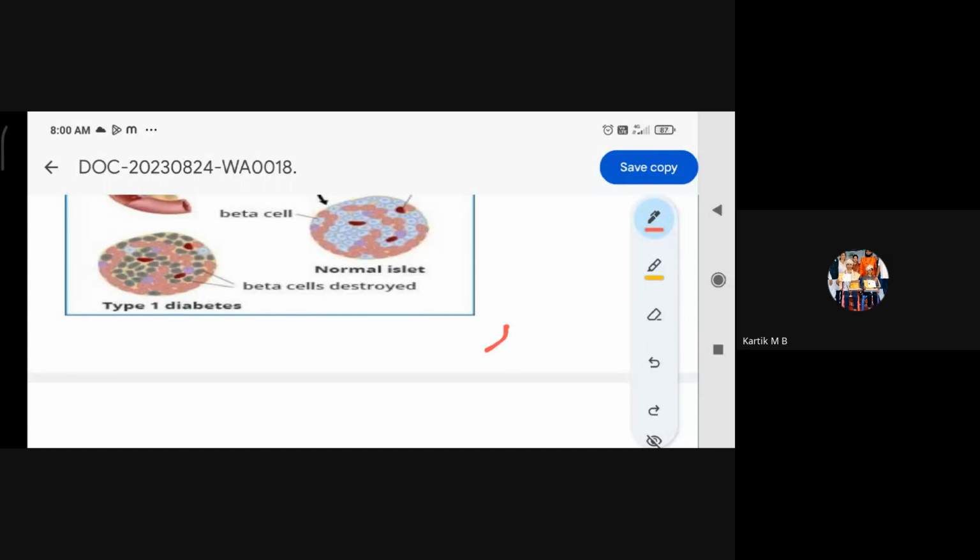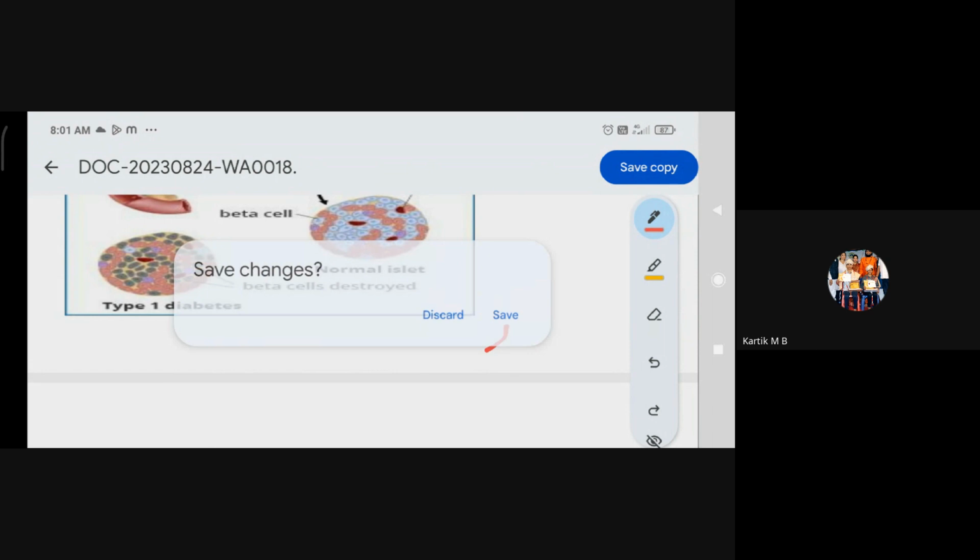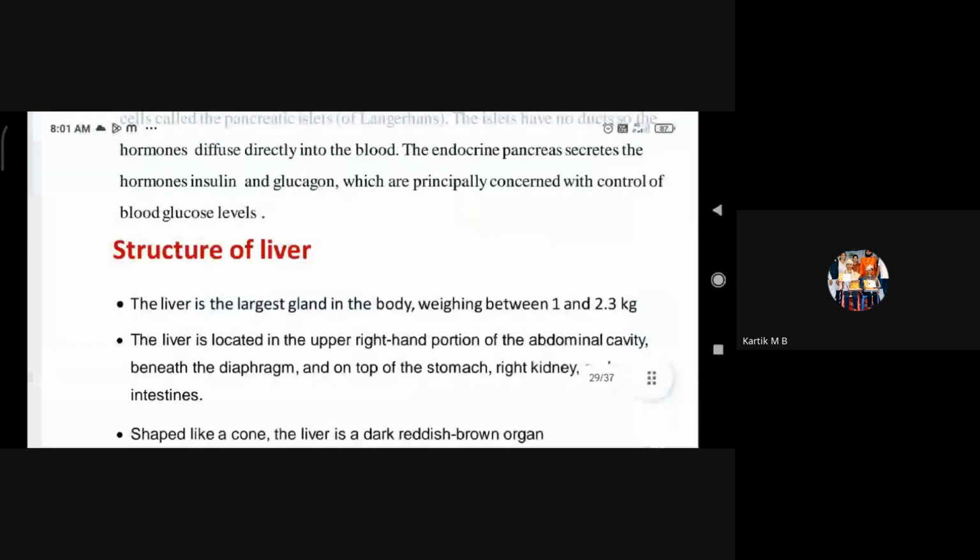So, where was I? Yes. Beta cells of the pancreas produce insulin. The pancreas has different types of cells like alpha cells, beta cells, delta cells, and gamma cells. Beta cells of the pancreas, which are in the islets of Langerhans, produce insulin.